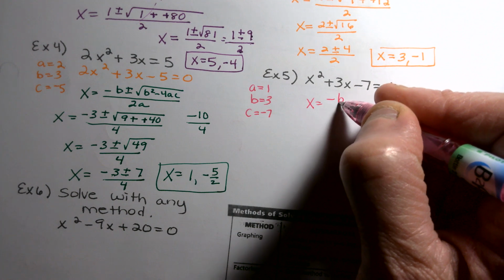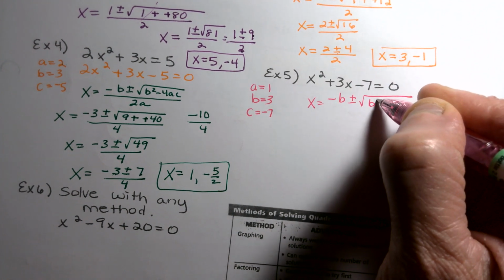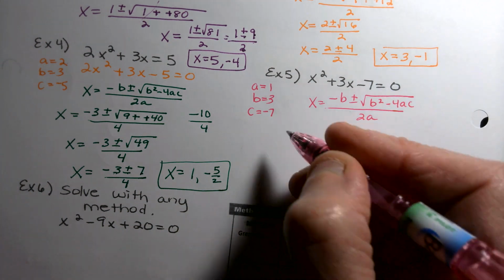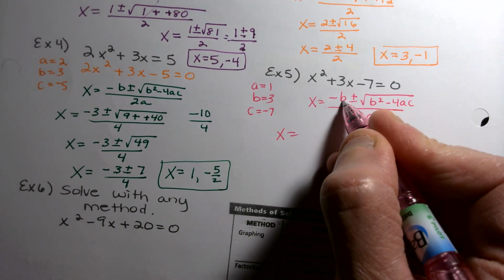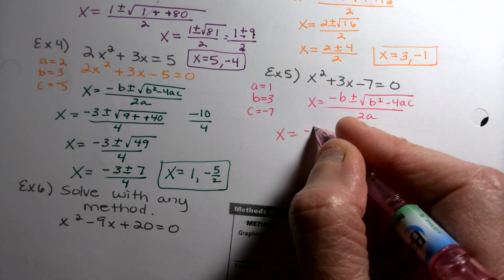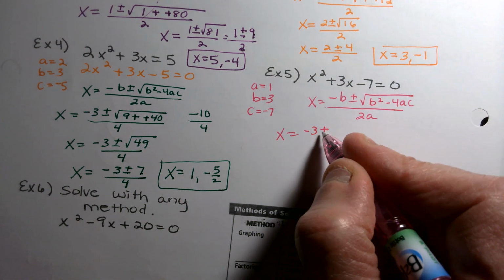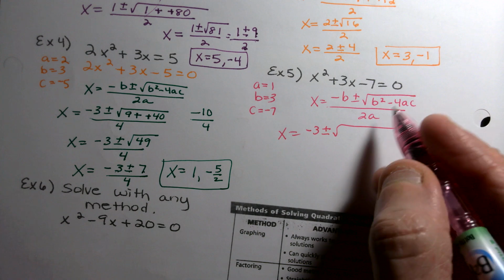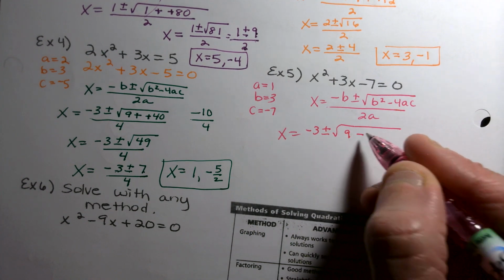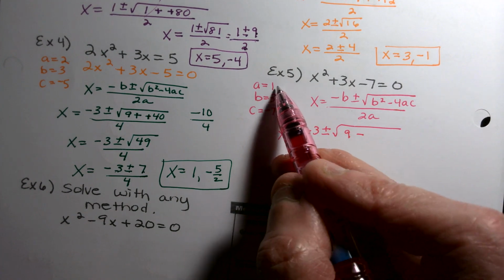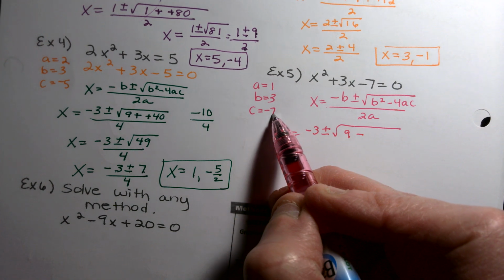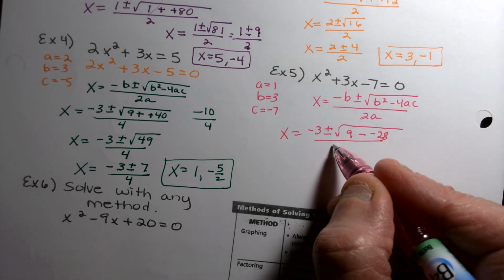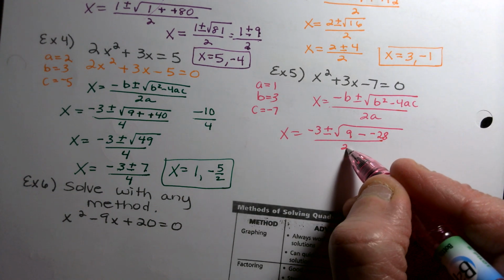X equals negative b plus or minus the square root of b squared minus 4ac, all over 2a. X equals the opposite of b. So b is 3, so it's going to be the opposite, negative 3, plus or minus the square root of b squared. b is 3, 3 squared is 9, minus 4 times a, which is 1, times c, negative 7, all over 2 times a, which is 2.